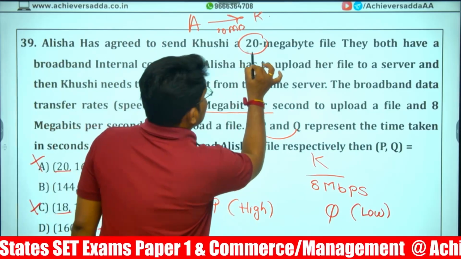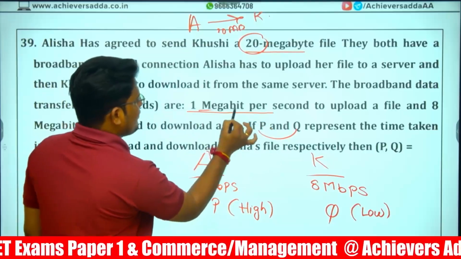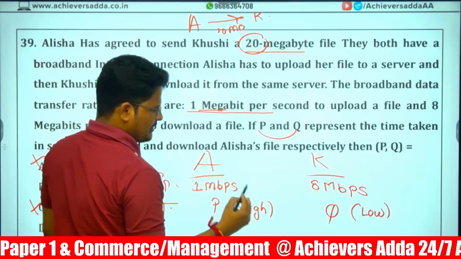Simply, this is a 20 MB file and the speed is in megabit per second. Mbps, megabit per second.